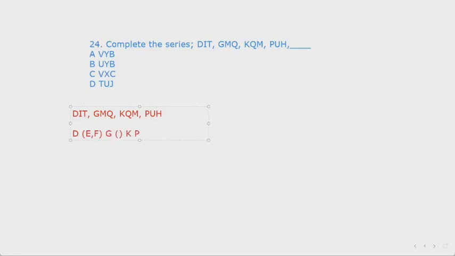G, H, I and J. Between K and P? After K, L, M, N and O. So through this you can notice a pattern: the number of letters in between is increasing by one. Here there were two letters, here three letters, here four letters.